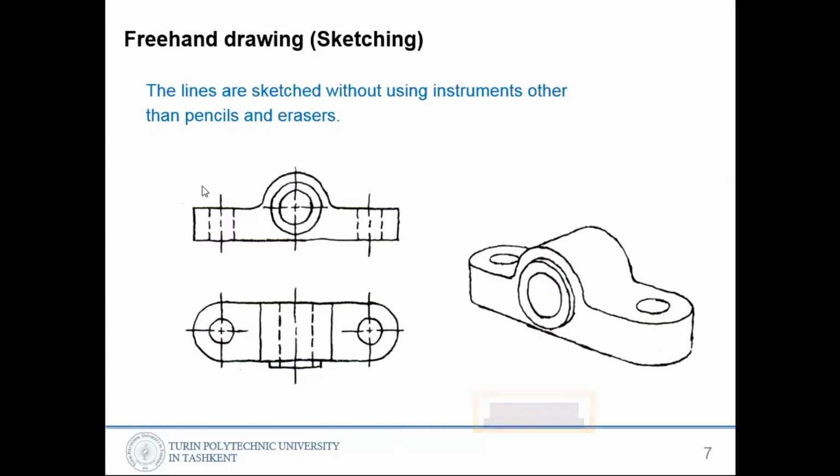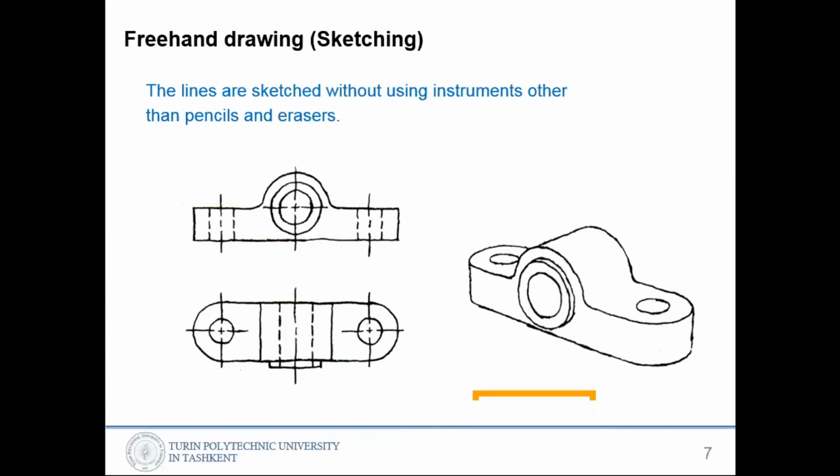Okay, we use freehand drawing when we have no time to draw very exact, very precise drawings. Because as you know, to draw a quality drawing needs time.